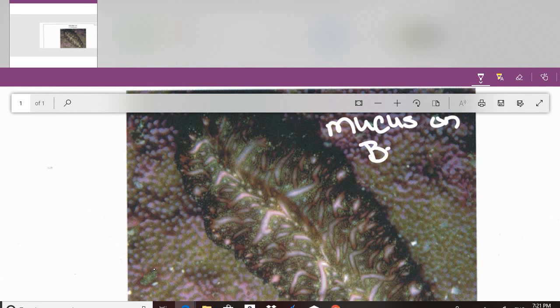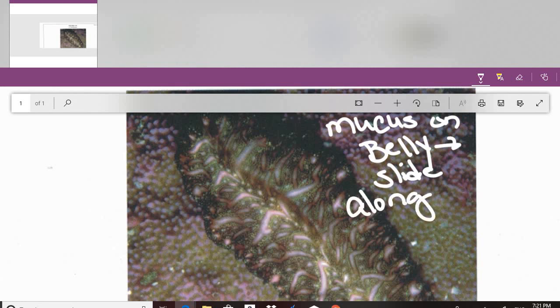And that allows them to slide along the ocean floor. So that's one way that they move. The primary way that they move is by sliding along the ocean floor.